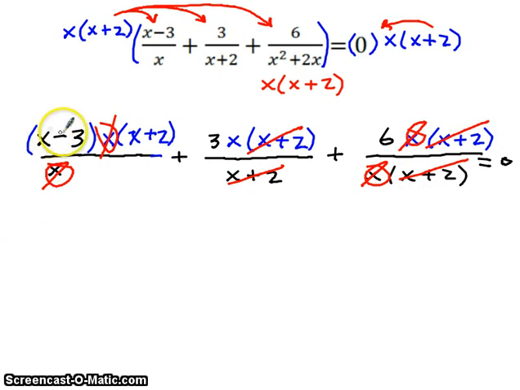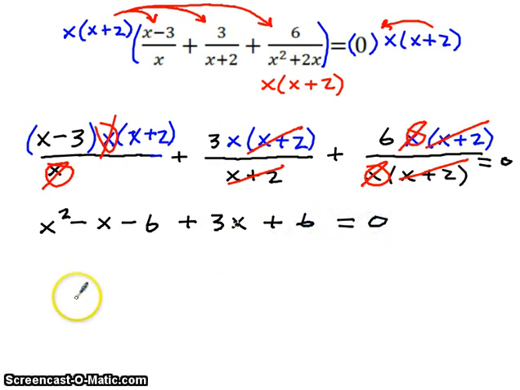So we have x minus 3 times x plus 2, which is going to give us x squared minus x minus 6, plus 3x plus 6 equals 0. And we got x squared plus 2x minus 6 plus 6 crosses, and we have x squared plus 2x. We need to solve that.